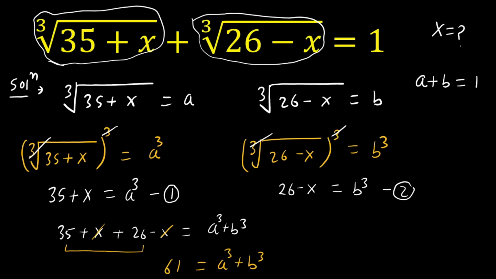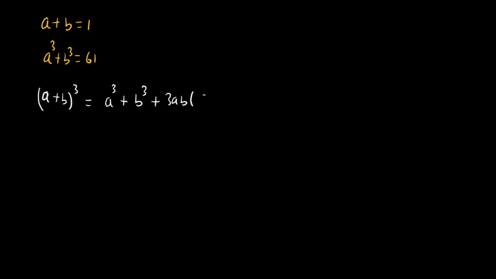Now we have a plus b equals 1, and a cube plus b cube equals 61. We know the algebraic identity: (a plus b) power 3 equals a cube plus b cube plus 3 times ab multiplied by (a plus b).